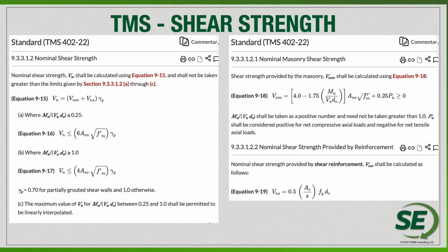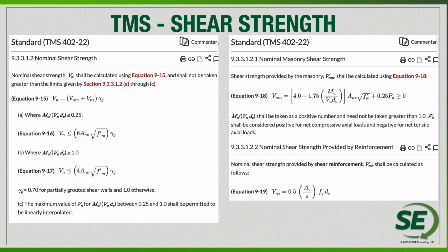Further on in the code, we can see different requirements for shear. If we're dealing with concrete masonry shear walls, we know that we have a certain component of the shear that is determined by just the concrete masonry elements. So Vnm would be the shear value of just the masonry elements, and Vns in equation 9-15 would be the contribution from the steel reinforcement.